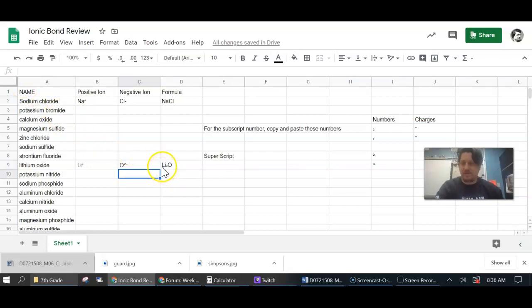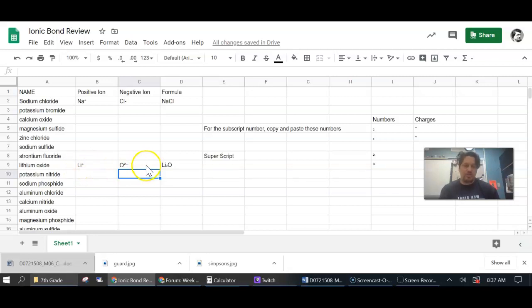Notice here we have Li2O. It's a little different than the one we did up here, because we're going to start working on balancing equations with this. So, the way that works is lithium is short 1 electron.